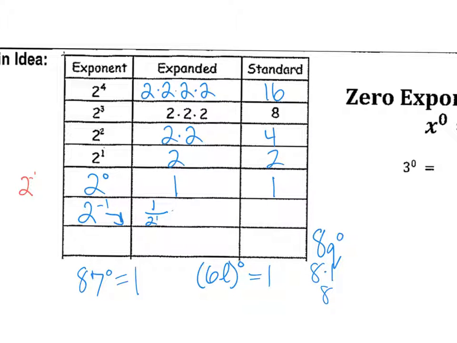2 to the negative 1, if I made it into a fraction over 1, this would drop down to the bottom. And I would have nothing on top, but nothing is not 0. Nothing is just a 1. It's like the reciprocal.